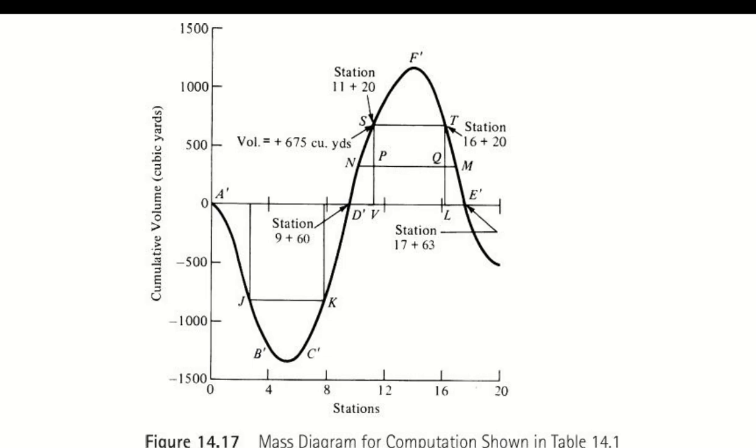So this is the method to calculate the weighted average of the distance, not the average distance. I'm taking the distance and multiplying with the material in that distance. So if the material is more in this much distance, its weight is higher. Got it?